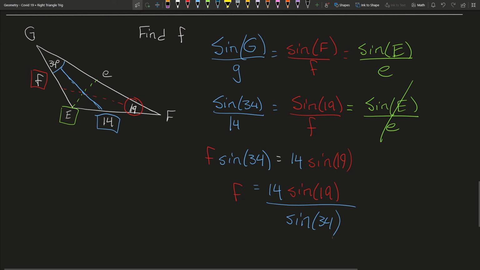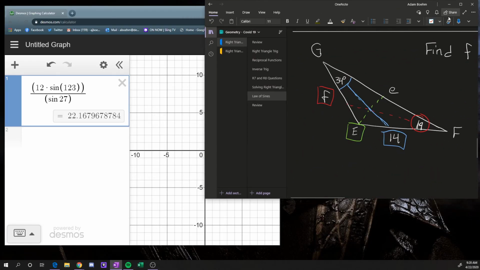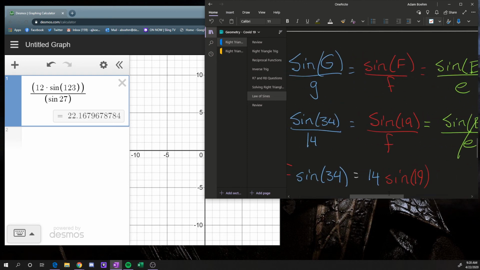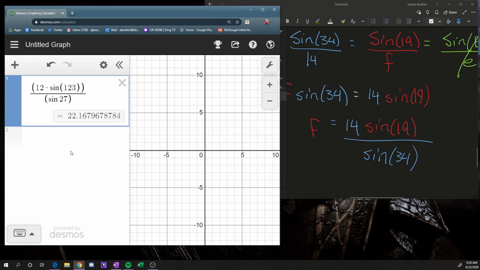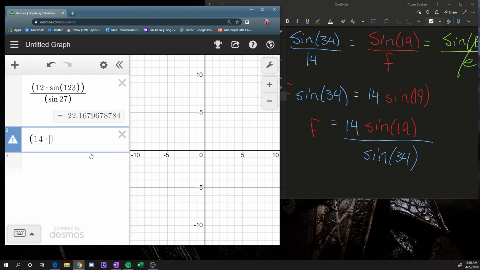Okay, so if we do that, again, I'll pull up Desmos. We have that f is equal to 14 times sine of 19 divided by sine of 34.